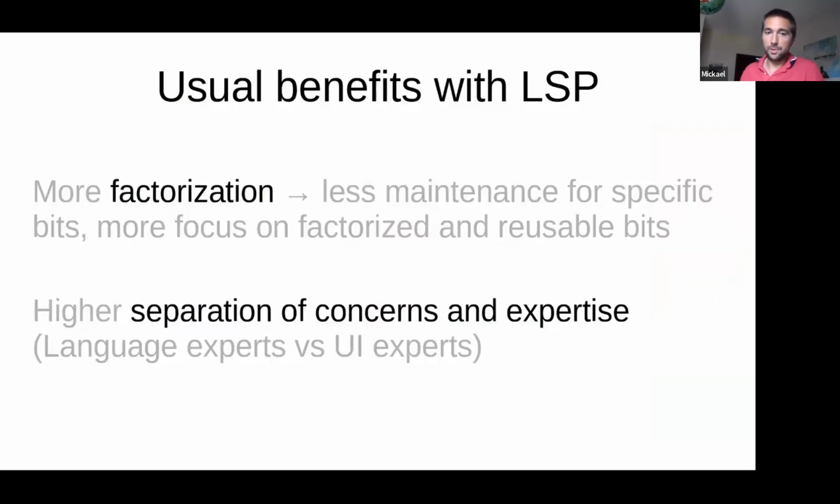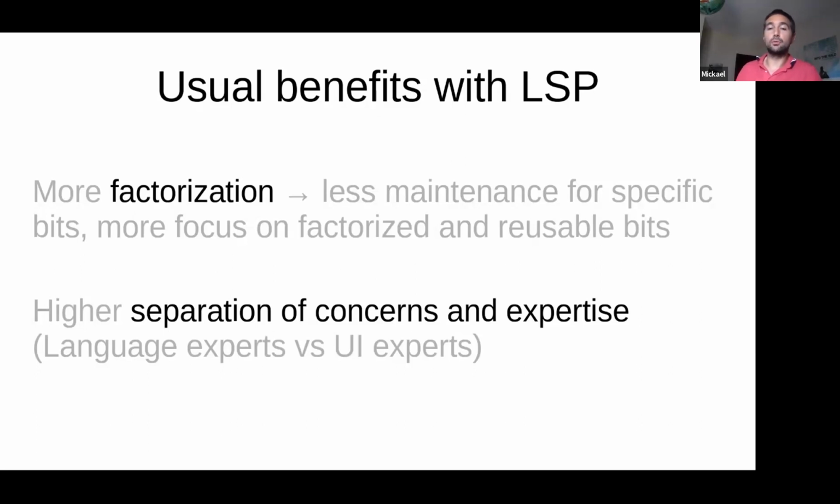So we have really a higher factorization. And one good thing as well is that LSP in general gives a higher separation of concerns and expertise. It happens that in our community, we have different types of contributors who have different expertise and different interests. Usually we can see that there are some people who are more language experts, who are very skilled at, for example, the Java compiler, and things like that.